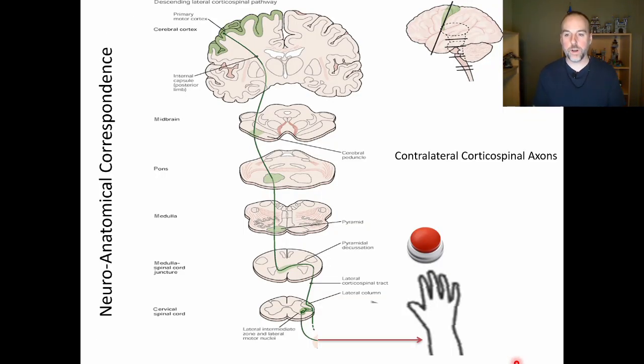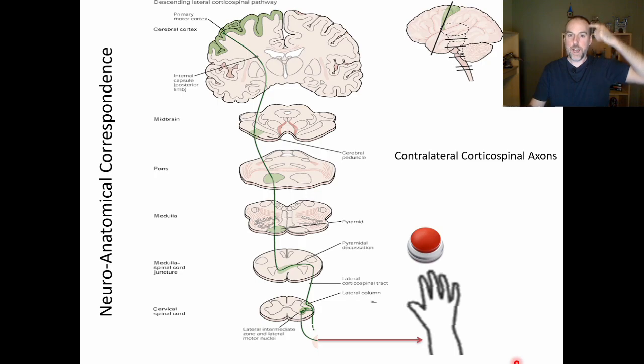So early on we talked about a very simple, straightforward notion of our neuroanatomy: if you need to move my right hand, I had to check which hand it was, most of that motor command comes from the contralateral or opposite motor cortex or cerebral cortex. So most of this motor command is going to be sent out from my left hemisphere.